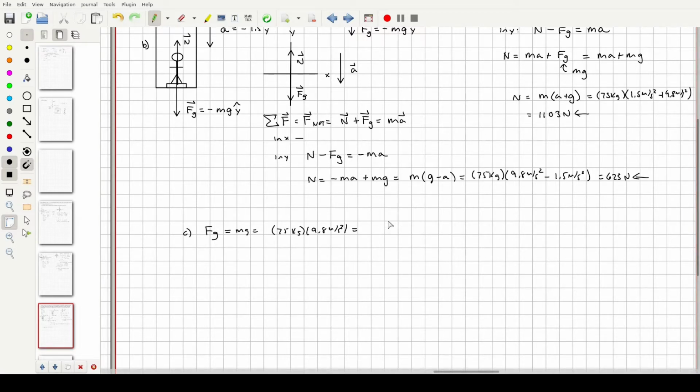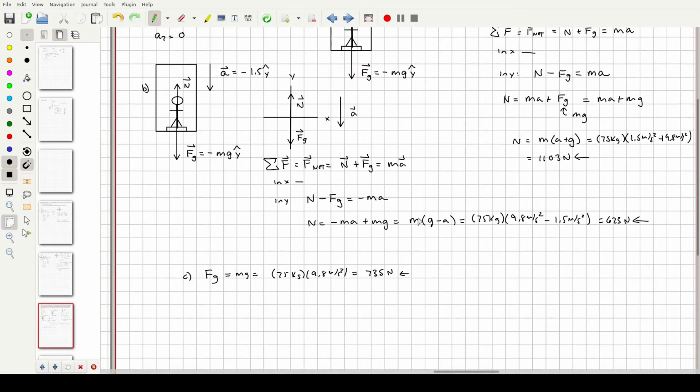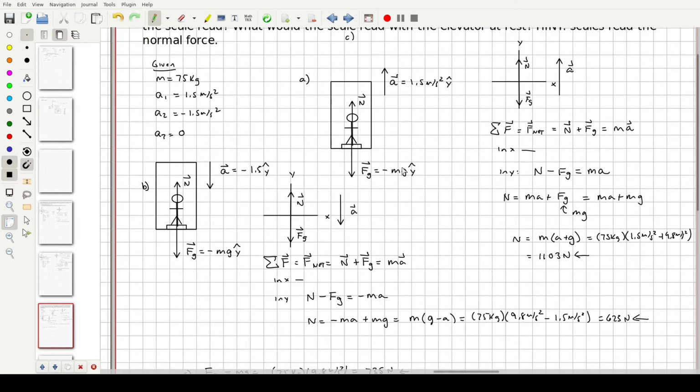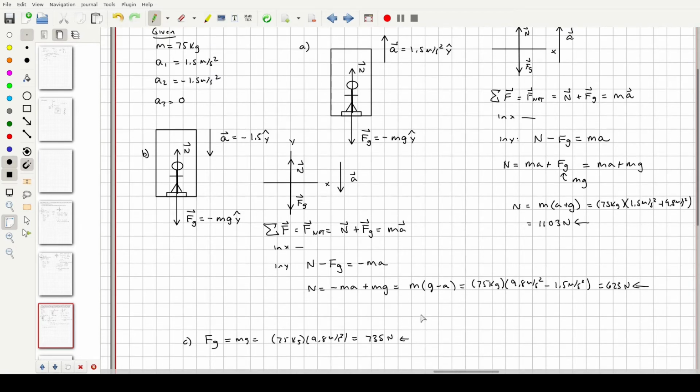So 75 times 9.8, 735. So 735 newtons is what you would, quote unquote, weigh if you were on the ground, not experiencing any net acceleration at all, right? And that would be your true representational weight, at least here on the Earth.